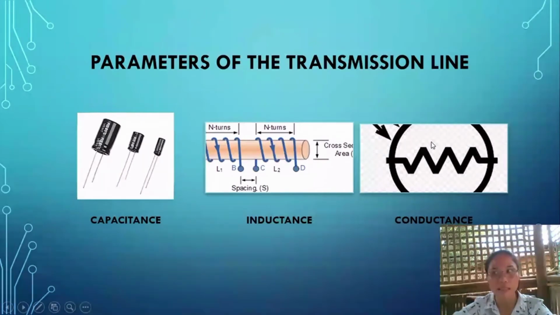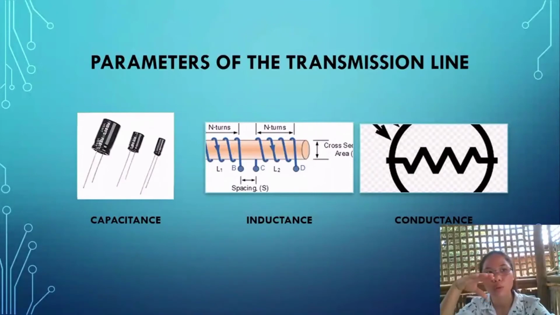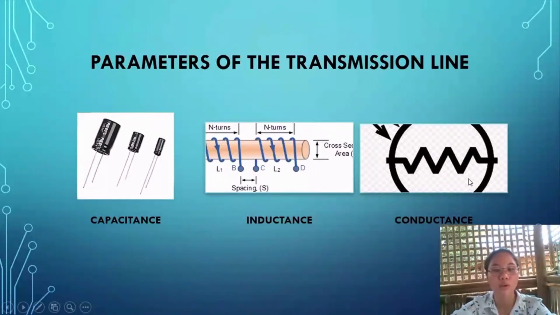So some current also flows through the dielectric, and this current is called the leakage current. It is responsible for the leakage that sometimes happens in transmission lines.